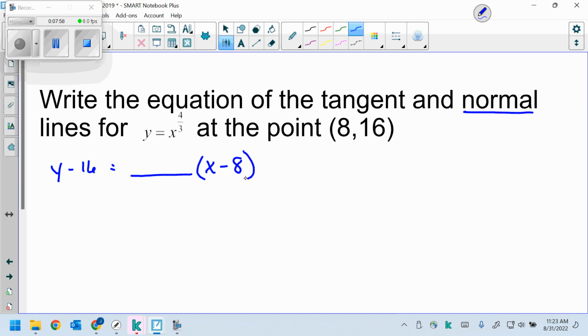Well, if y is equal to x to the 4/3, then y prime, the derivative, is 4/3 x to the 1/3. And the x value that we are interested in is this. What is 8 to the 1/3 power? What is the cube root of 8?